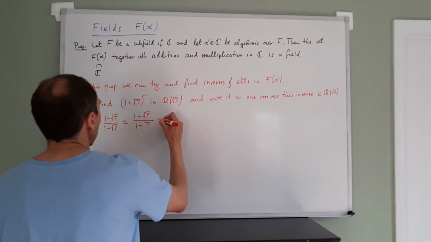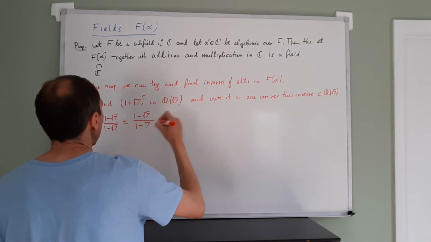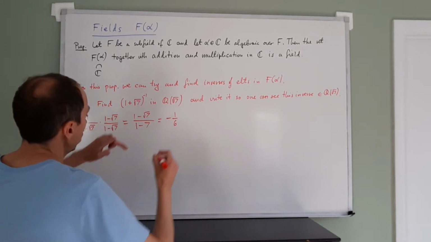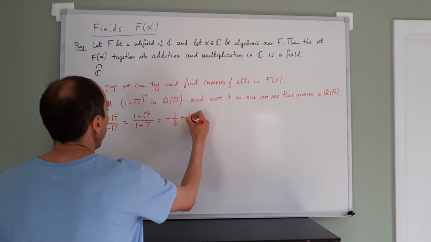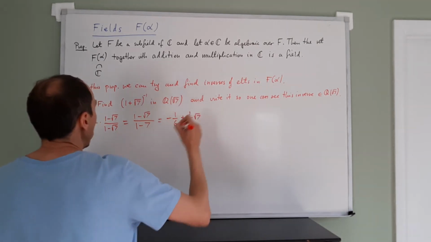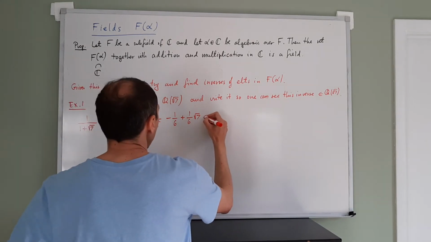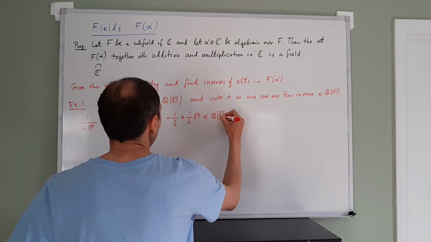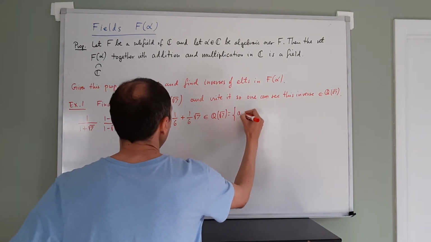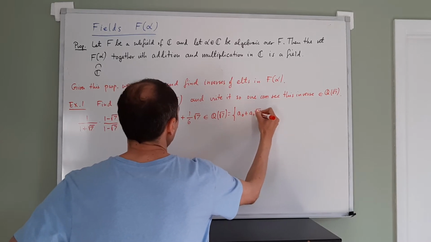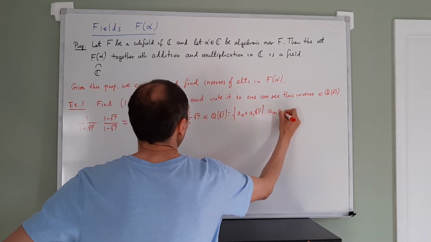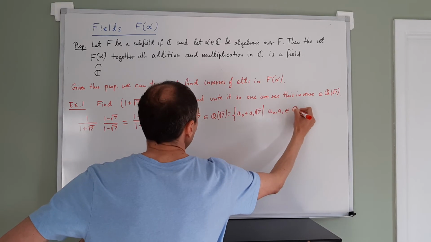So that's minus 1/6, right? 1 divided by minus 6 plus 1 over 6 radical 7. And this way I see that this belongs to Q adjoined radical 7 because Q adjoined radical 7 is elements of the form A0 plus A1 radical 7, where A0 and A1 are in Q.